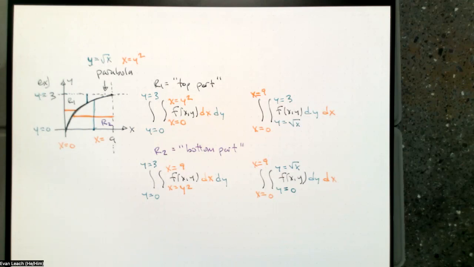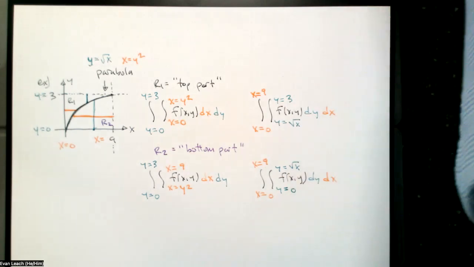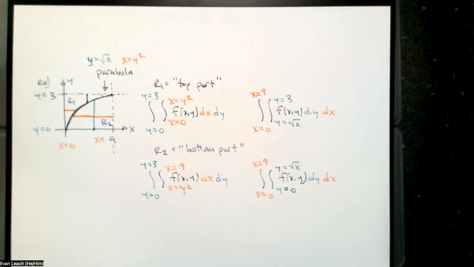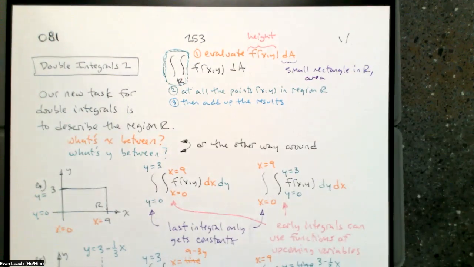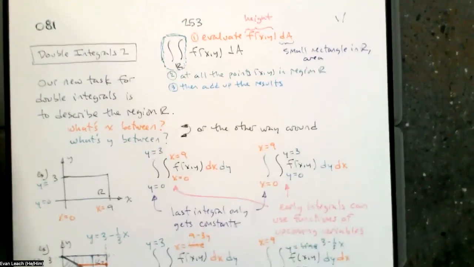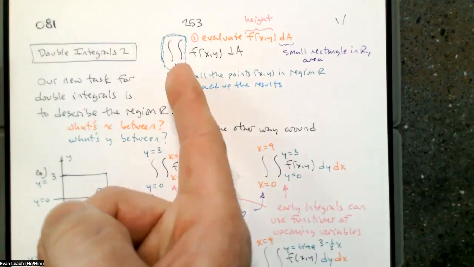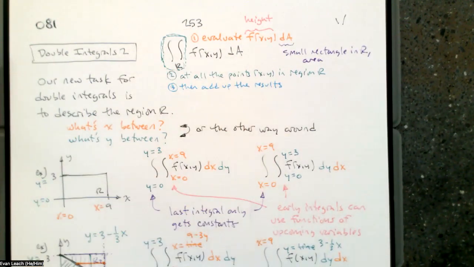So remember what we're doing when we set up an integral, not just a double integral or a single integral, but later on triple integrals and integrals with vector valued functions, which we haven't even mentioned until now. The part of the integral with the swoopy s's is just telling you what to plug into the rest of it: do this f of x y times dA for all these x and y values.